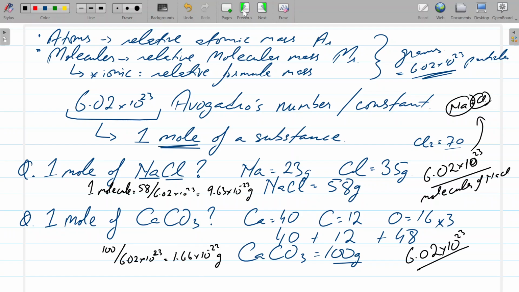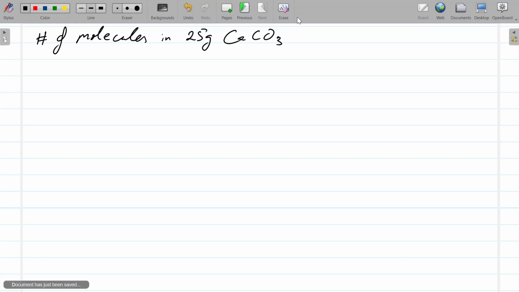Now, just to leave you with something interesting, if you want to find the number of molecules in, let's say, 25 grams of calcium carbonate, how would you do that?